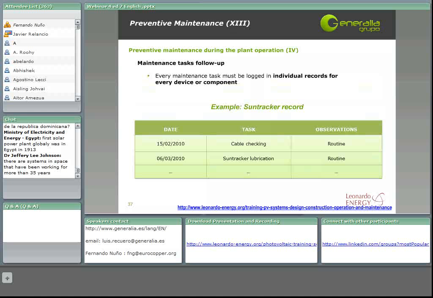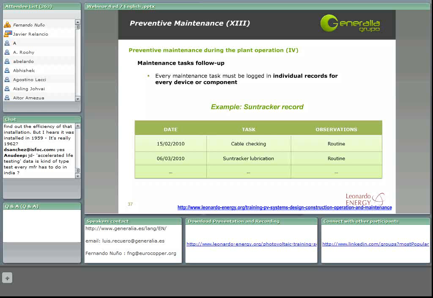It is important to do a maintenance task follow-up for all the tasks in our maintenance program, with individual records for each of the tasks, classified depending on the affected device or component. For example, here in the bottom of this slide, we can find an example of the sun tracker tasks record.